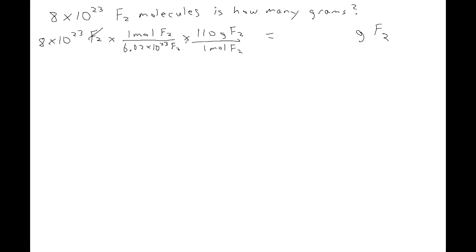Okay, so let's go back and fix that. So it shouldn't be 110. It should be 38. I used the mass of iron instead of fluorine. Oh, I see. I was wondering how that came up. All right, that's good to know how that came in.